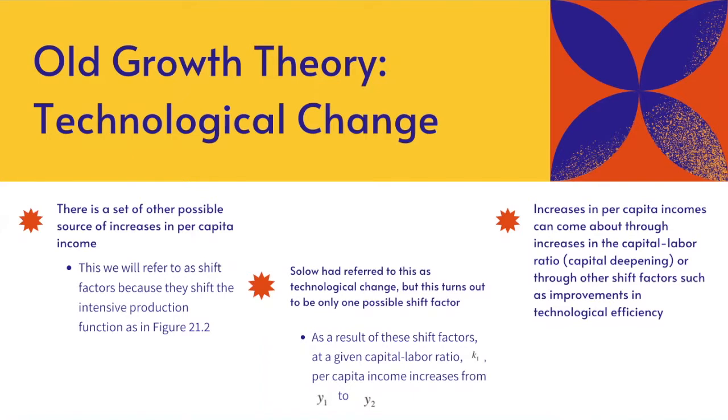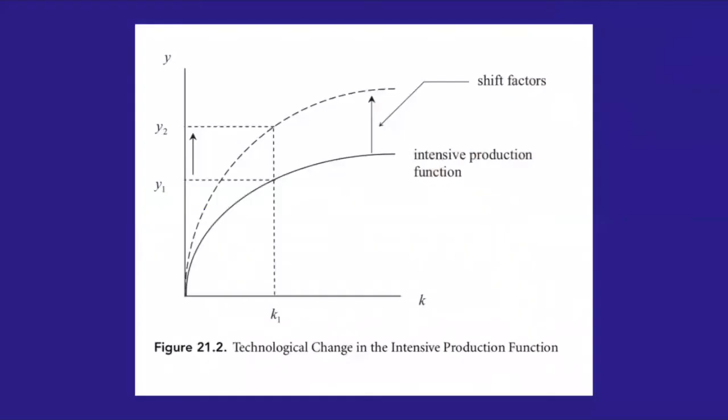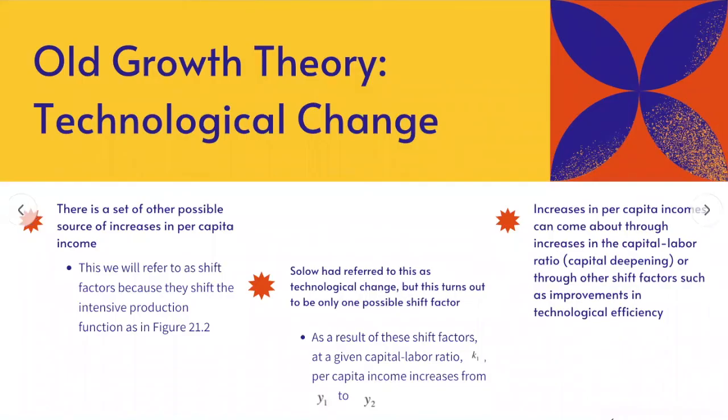There is a set of other possible sources of increase in per capita income. We refer to these as shift factors because they shift the intensive production function, as in Figure 21.2. Originally, Solow referred to technological change, but this turns out to be only one of the set of potential shift factors.